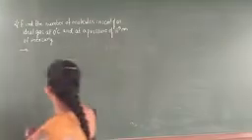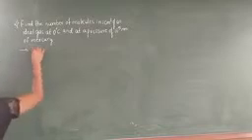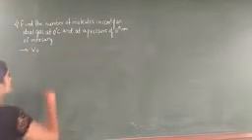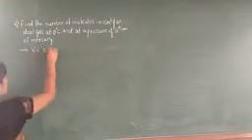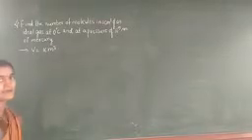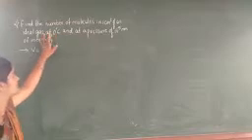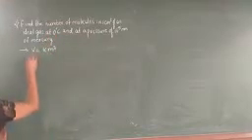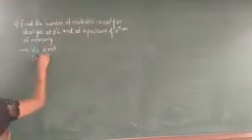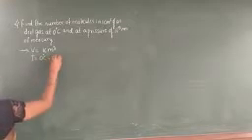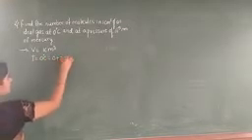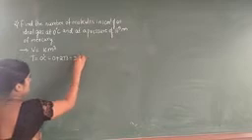Now let us consider V is equal to 1 centimeter cube. Next, they have given the temperature at 0 degree Celsius. We are converting this into Kelvin. This can be written as 0 degree Celsius is equal to 0 plus 273 is equal to 273 Kelvin.